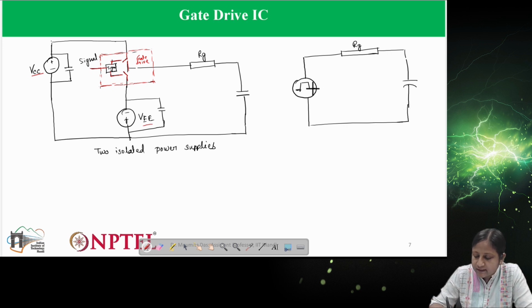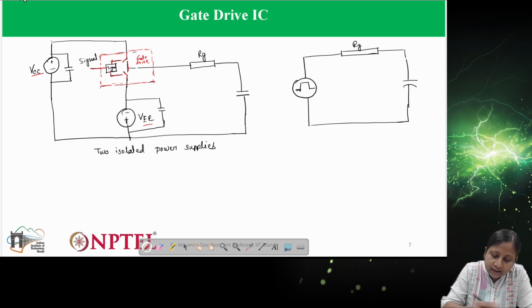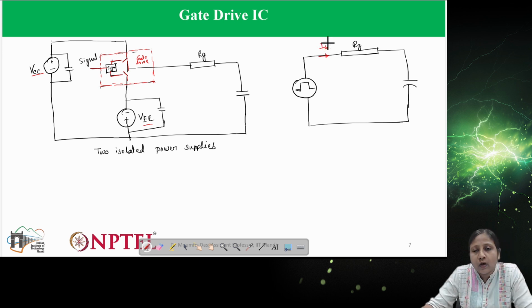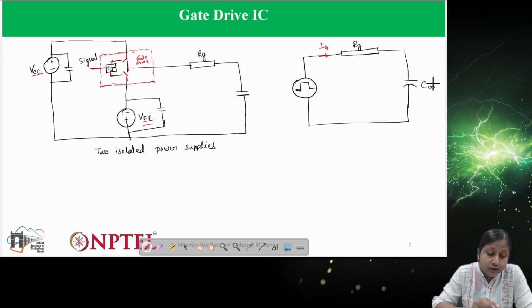Since it is providing the gate current, the gate current here is IG. Now IG peak, I told you, should be VCC minus VEE divided by RG. So how should this gate current look?